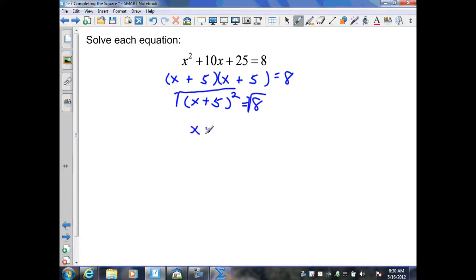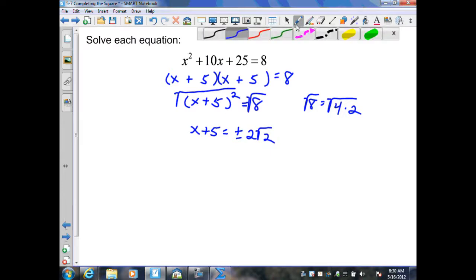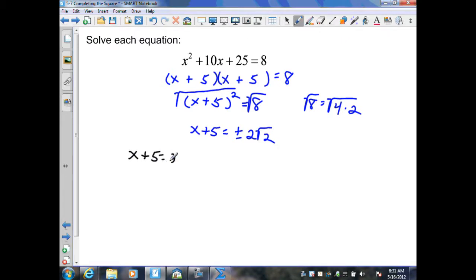That gives me x plus 5 equals plus or minus the square root of 8, and I know the square root of 8 can be written as a product of factors, one being a perfect square: the square root of 4 times 2, which simplifies to plus or minus 2 square roots of 2. Now I break that into two equations. x plus 5 equals 2 square roots of 2.